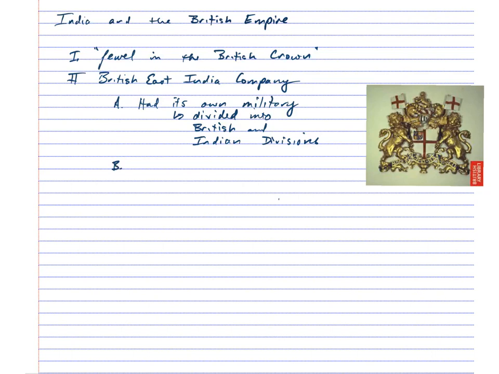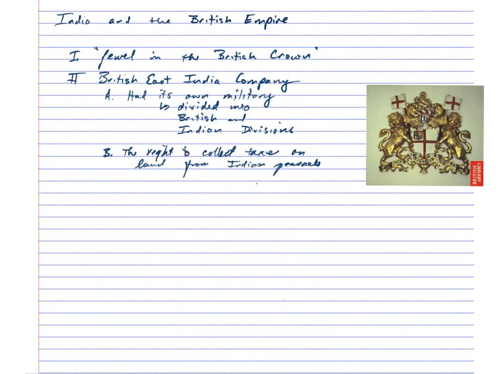B: it held the right to collect taxes on land from Indian peasants. So we can see with this one that it's essentially taking on the role and functions of a government.